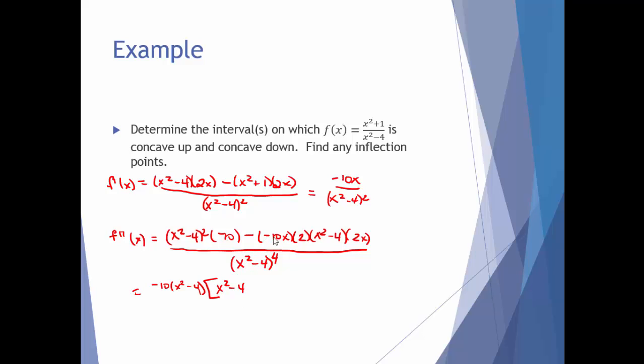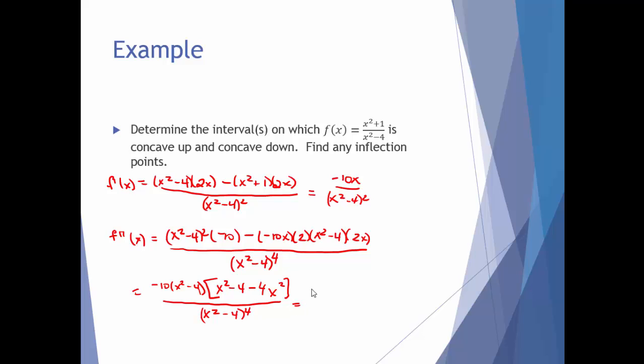We're taking out this negative, so you're still going to have a subtraction sign for the second term. We took out the 10, we took out the x squared minus 4. So that's going to leave me with this 2 and 2 x's, so minus 4x squared, all over x squared minus 4 to the 4th.